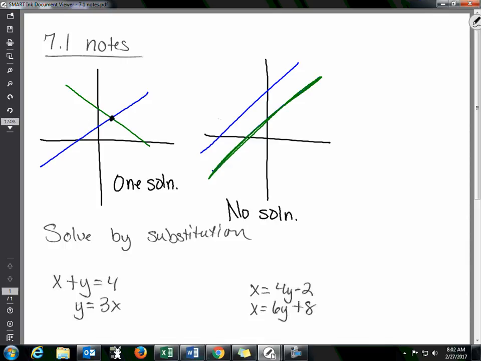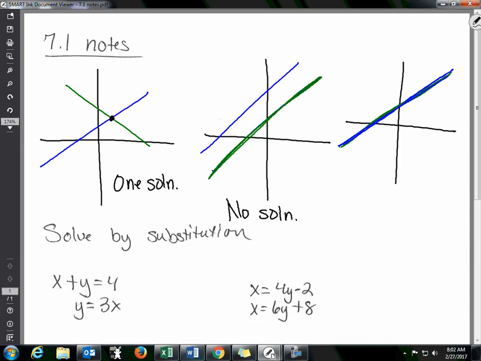And then the third type of solution that you get a lot of times, especially with linear, is called infinitely many. Say you have a blue line, and then you have a green line, and the blue line and green line are on top of each other. It's the same line.